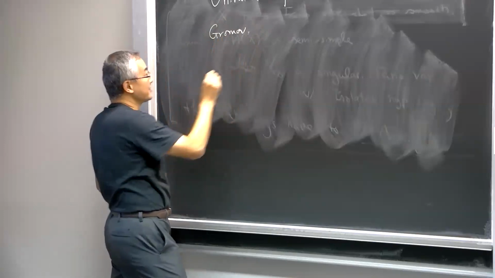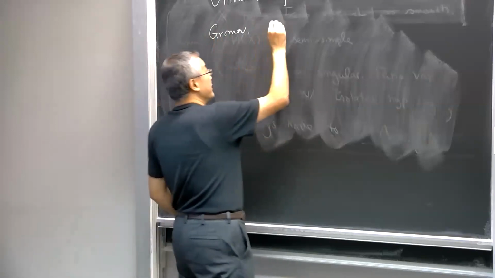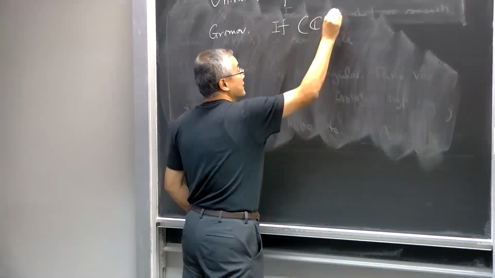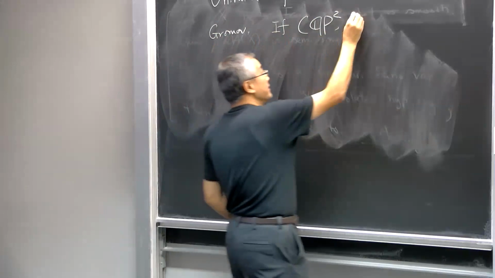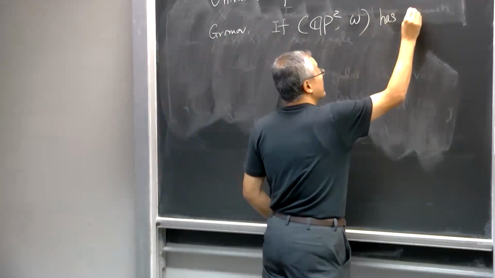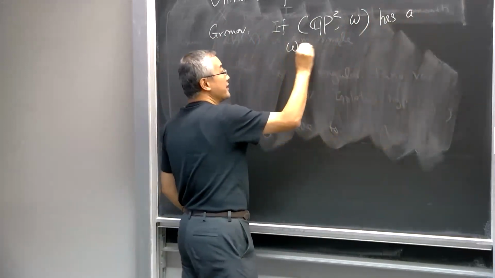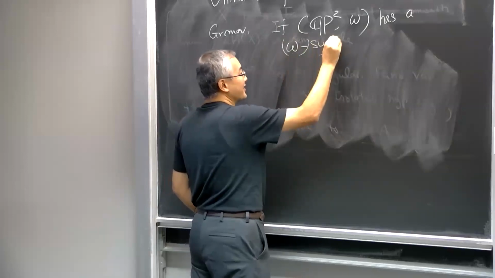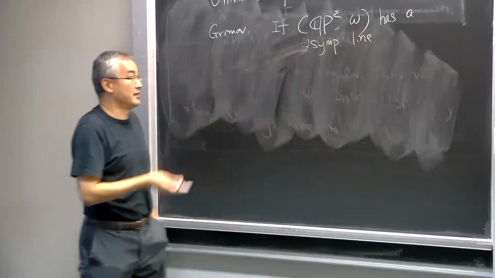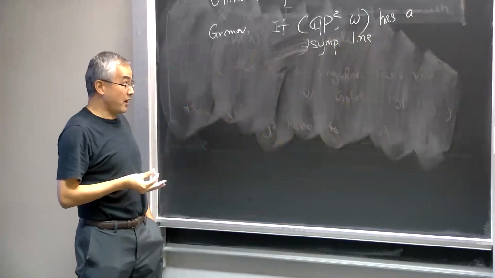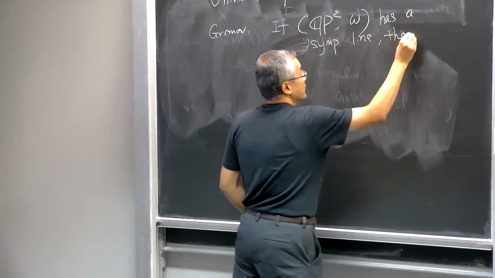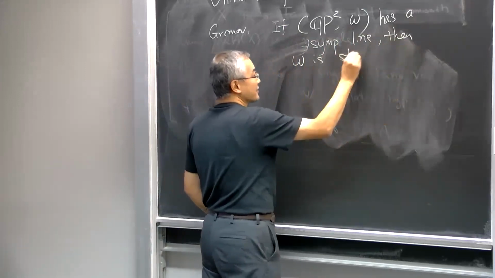His assumption is that if omega is a symplectic structure on CP2 and it has a symplectic line, meaning a symplectic submanifold in the class of the line, then omega is standard.